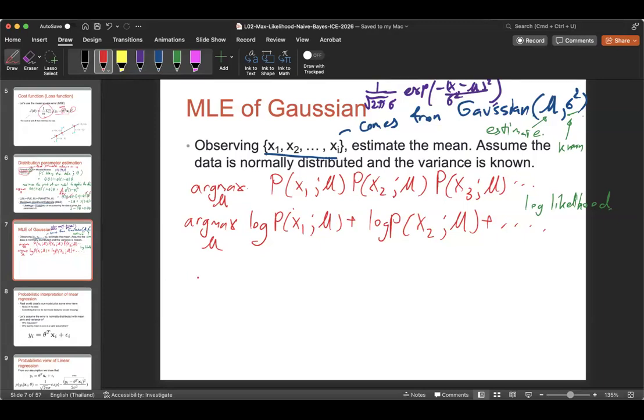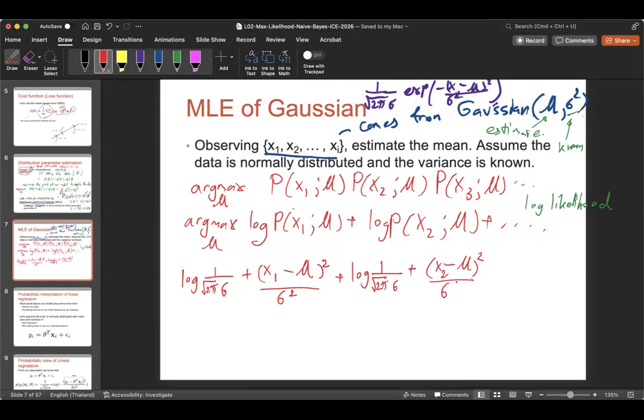If we take the log, we get log of 1 over this, plus (x1 minus mean) squared, plus log of 1 over 2 pi, (x2 minus mean) squared, plus log of 2 pi, and so on.